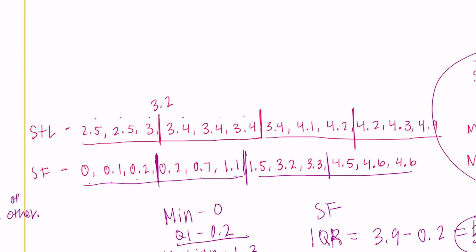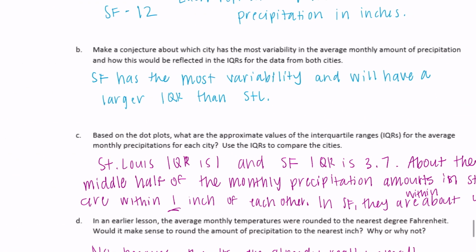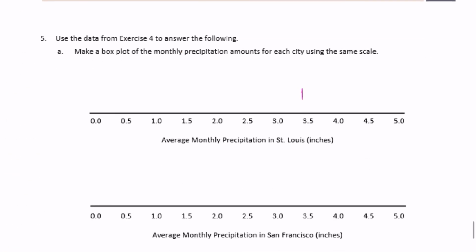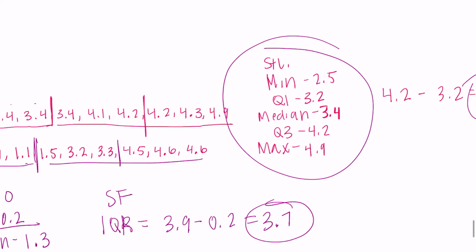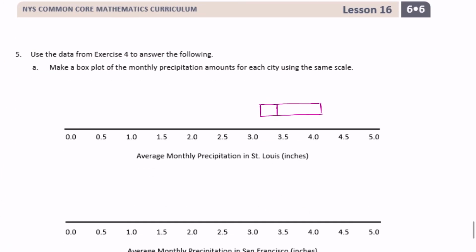Quartile 1 was 3 2/10 and quartile 3 was 4 2/10. Draw our box. And then the minimum and maximum were 2.5 and 4 9/10. I'm going to draw out to 2.5 and up to 4 9/10.